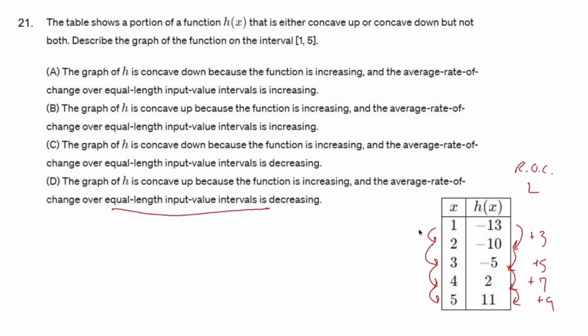So what we have is these go up by the same amount. These go up by different numbers, but the numbers as you go up are increasing. So we would say that the rate of change is increasing, making it concave up.